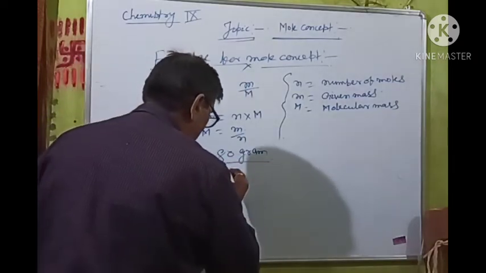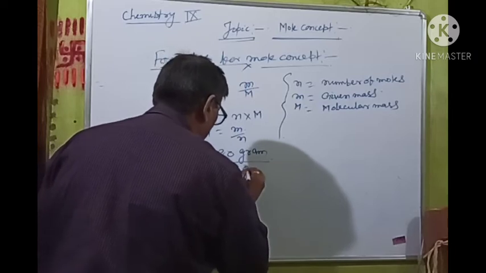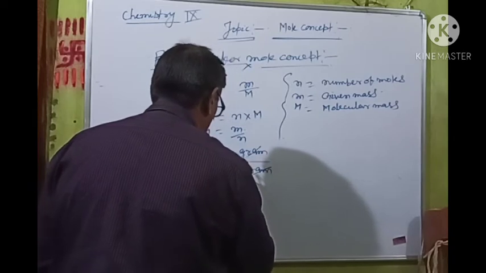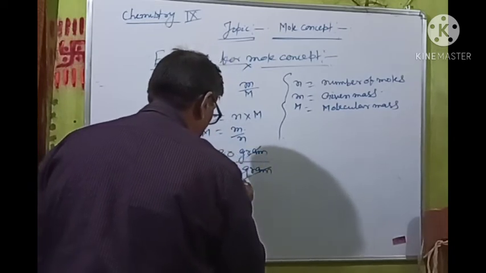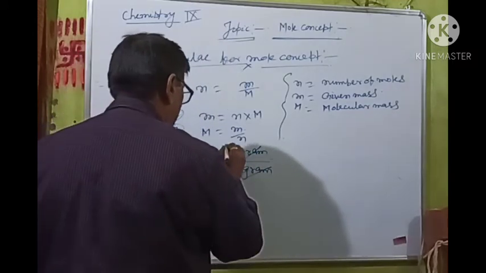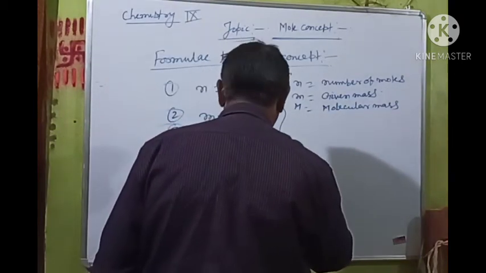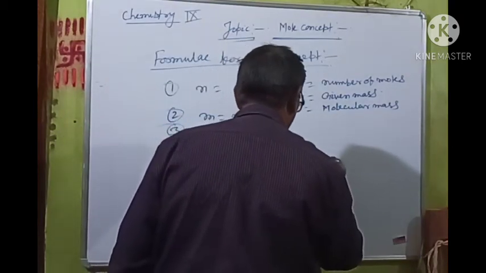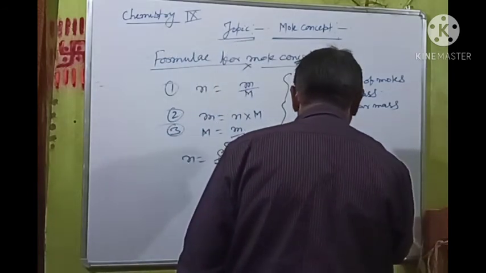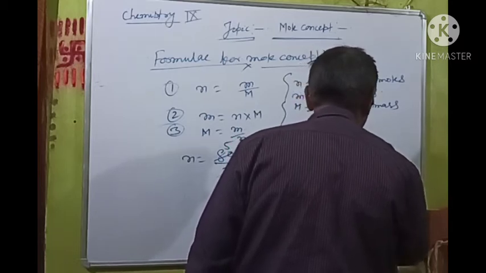Oxygen is O2, 32 gram. 16 into 2 is 32, and 80 divided by 32 gives 5 by 2, that means 2.5 moles of oxygen.